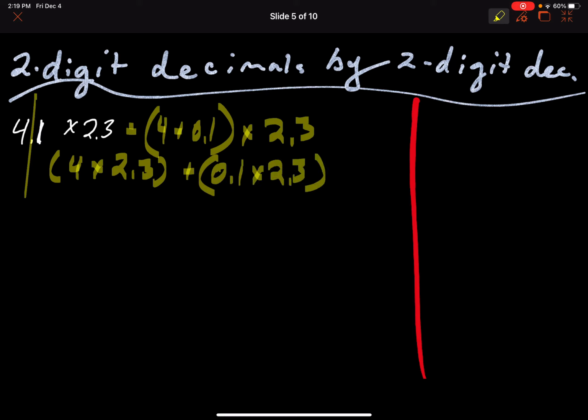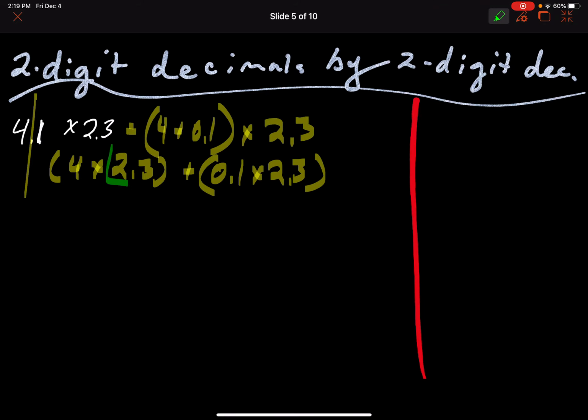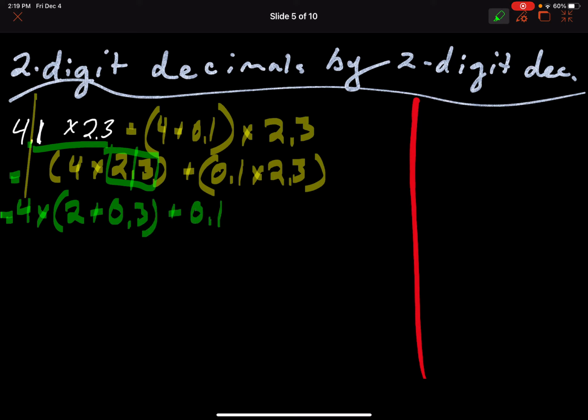Okay, this might be easy for you to do, but what I can do next is now I'm going to split this up. That looks exactly the same as this kind of problem, so I can split it up even more. So I go 4 times, and I'm going to split these at the place value. 2 plus 3/10 plus 1/10 times, right? Splitting this at the place value, 2 plus 3/10.